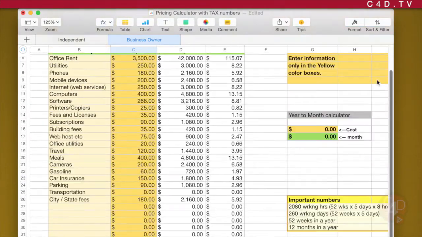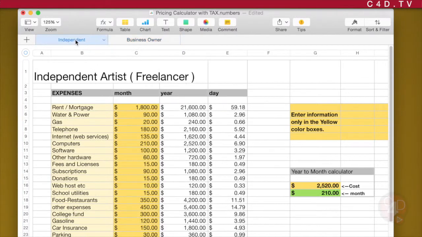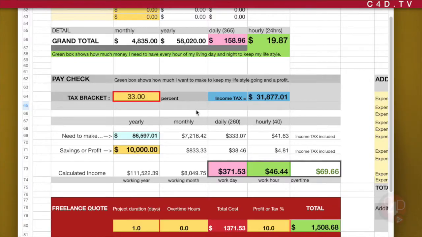Okay, it's very similar to the one that I just did as the independent, but in this case, the first expense that you have in here, automatically coming from the previous spreadsheet, from the independent spreadsheet over here, is the actual paycheck that you want to make every month, which is $8,049.75.